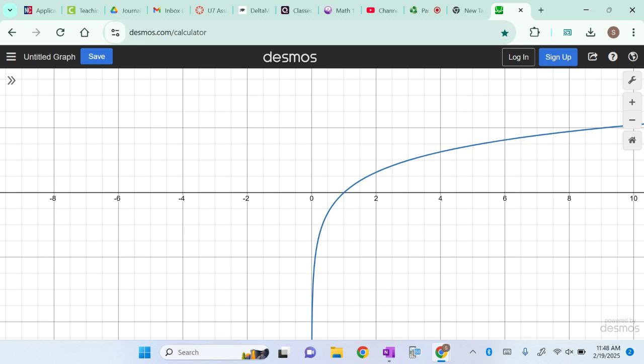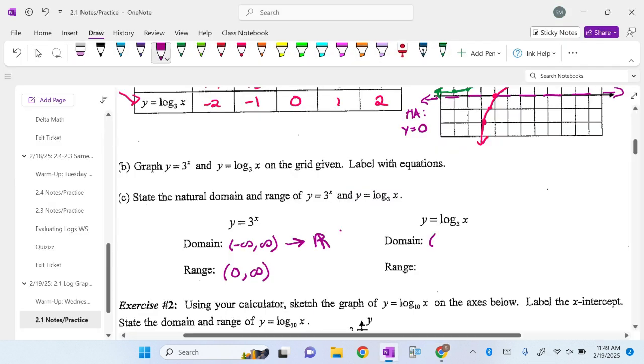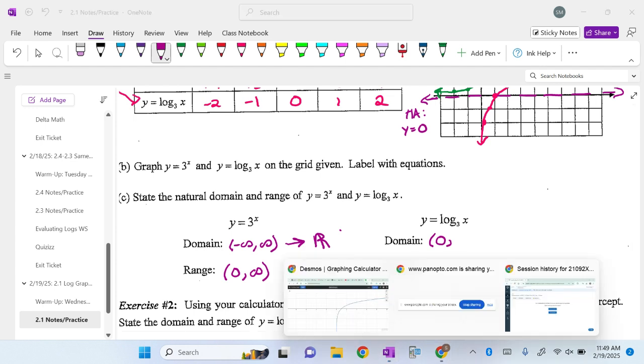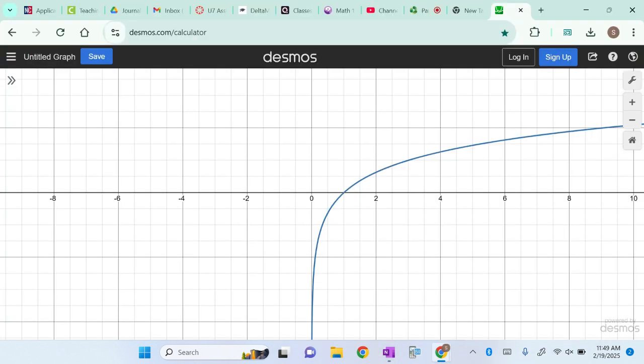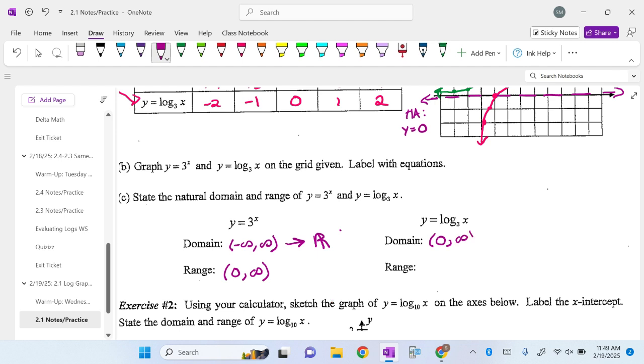It gets really, really close to 0, but it doesn't go anywhere further past that. So my lowest domain, or lowest x value, is 0. What's my highest? Infinity. So my domain's from 0 to infinity.